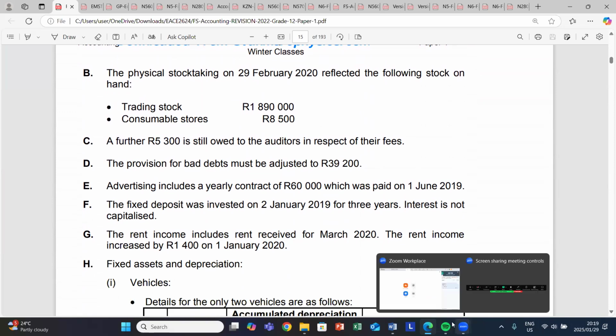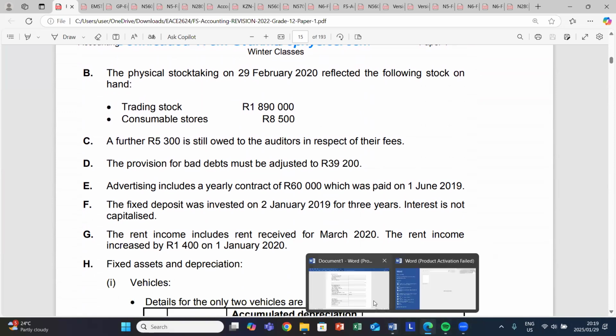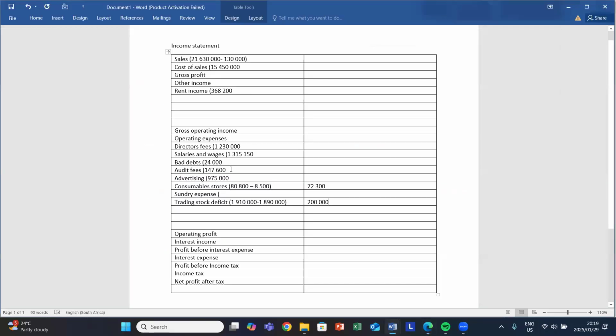We're going to have to add it to the audit fees. Where's auditors fees? This is one. And we'll say plus 5,000 rand, and we close the bracket.